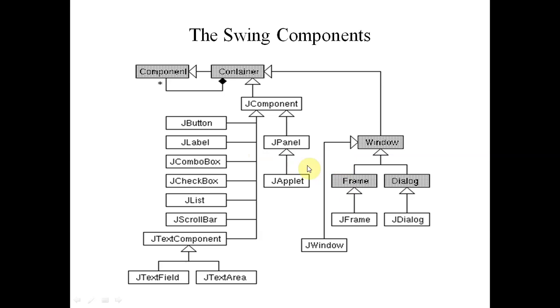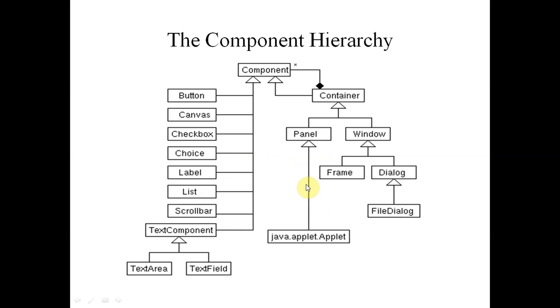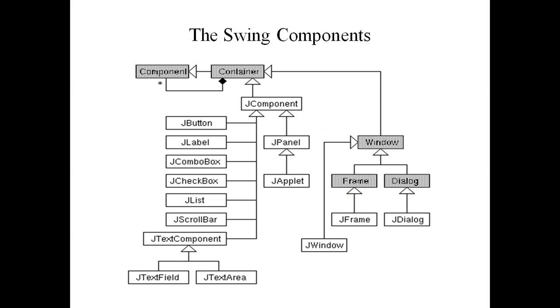If we are using the applet, then we have JPanel, and inside it JApplet. In AWT, we have the container, and inside the container we have panel and window, inside window we have frame or dialog, and inside dialog we have file dialog. So this is the hierarchy of Java AWT, and this is the hierarchy of Java Swing.